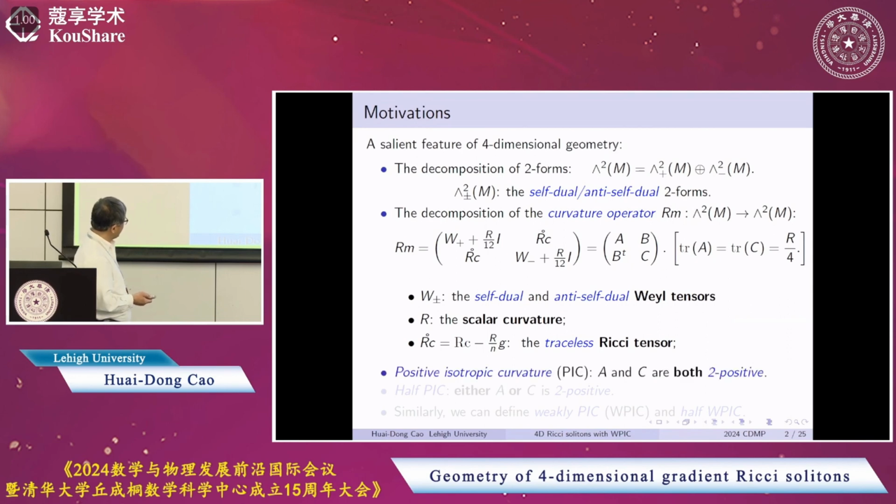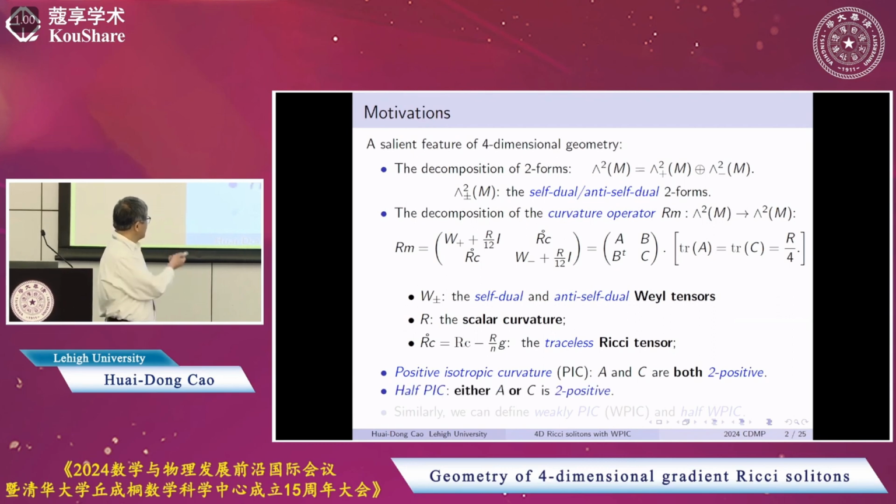And in this special case, the so-called notion of positive isotropic curvature, PIC, is very simply expressed as both the A and the C matrices being two-positive definite. Also, to remind you, by the first Bianchi identity, the trace of matrix A equals the trace of matrix C, which is essentially given by scalar curvature.